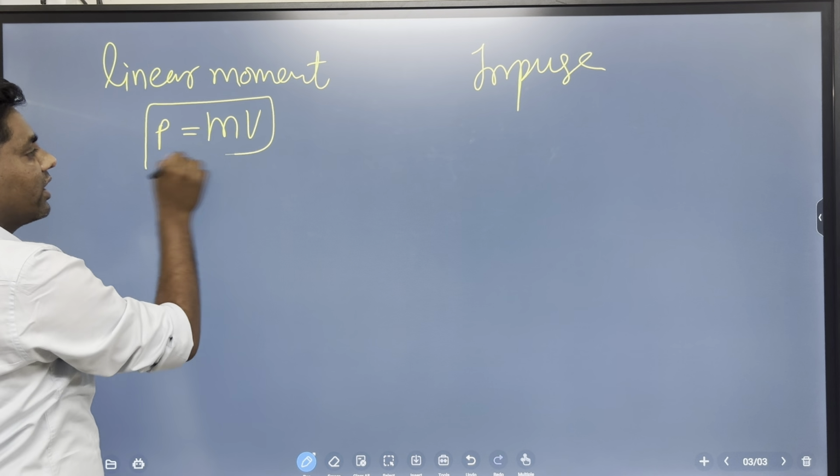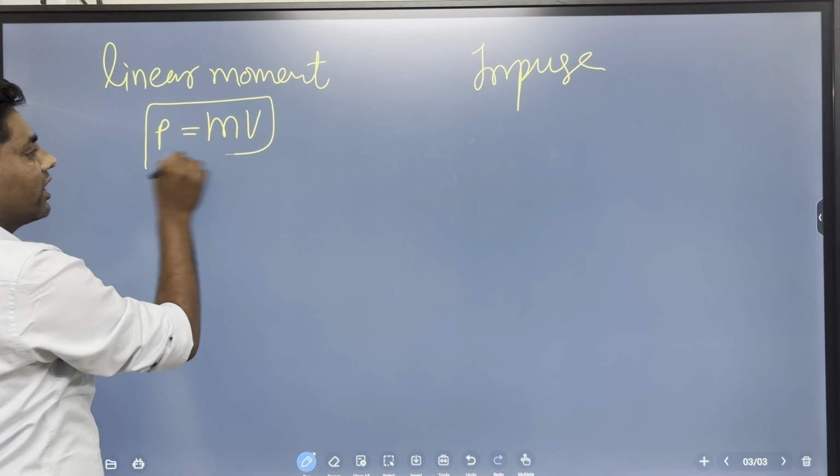What is the SI unit for momentum? Mass is measured in kg and velocity in meter per second. According to that we can solve the dimension. So kg is mass, that is M1, meter is L1, and second is T minus 1. So remember M1 L1 T minus 1. Then Newton second is the SI unit for impulse.